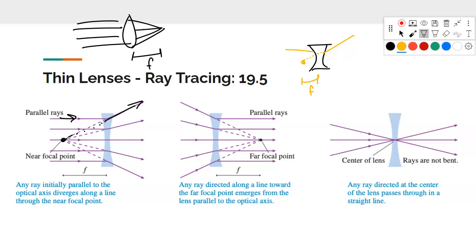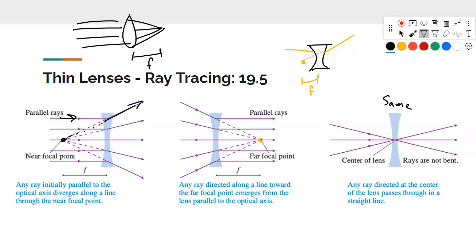And very similarly, if we have rays trying to converge onto a diverging lens, the diverging lens is going to say, nope, you don't get to converge, you just get to be spat out as parallel rays. So rays that would normally converge onto the far focal point are instead forced to be parallel on the right side.